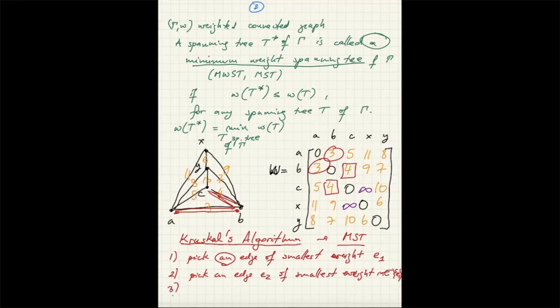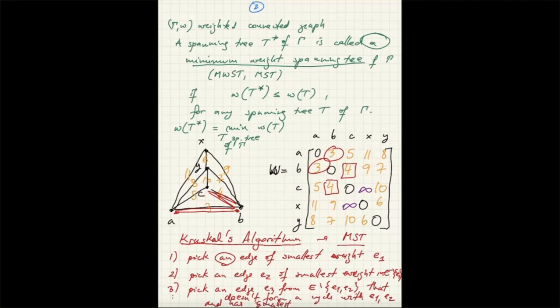And then from the third step on, you have to be careful. So now you have 2 edges. Pick an edge E3 from E minus E1, E2 that doesn't form a cycle with E1, E2, and has smallest weight.